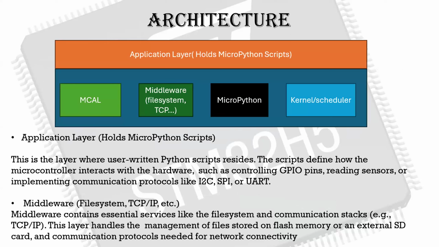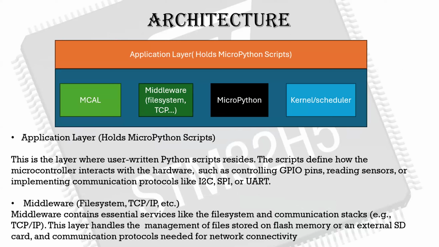So let's see the architecture of MicroPython. This is a very simple, high-level architecture. It is divided into two layers. The upper one is the application layer, which holds your scripts.